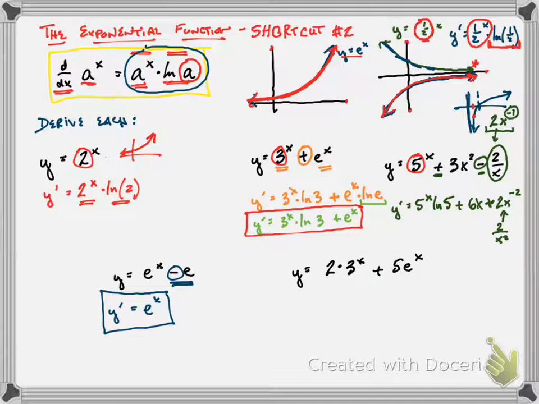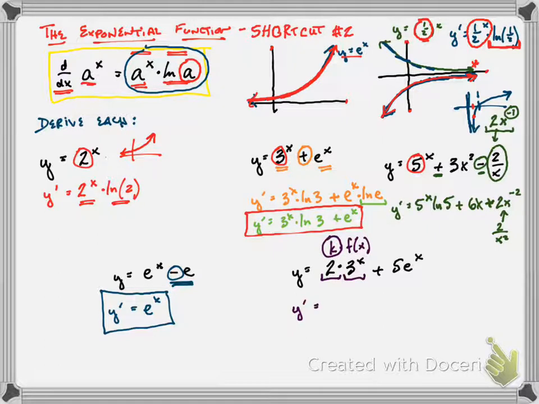Next one, y is equal to 2 times 3 to the x plus 5 times e to the x. So y prime then would be, now think about this with me, this is k, all right? If you have a constant and you're multiplying by some function, f of x, I'm calling 3 to the x a function, then the derivative is just going to be k times the derivative of f of x.